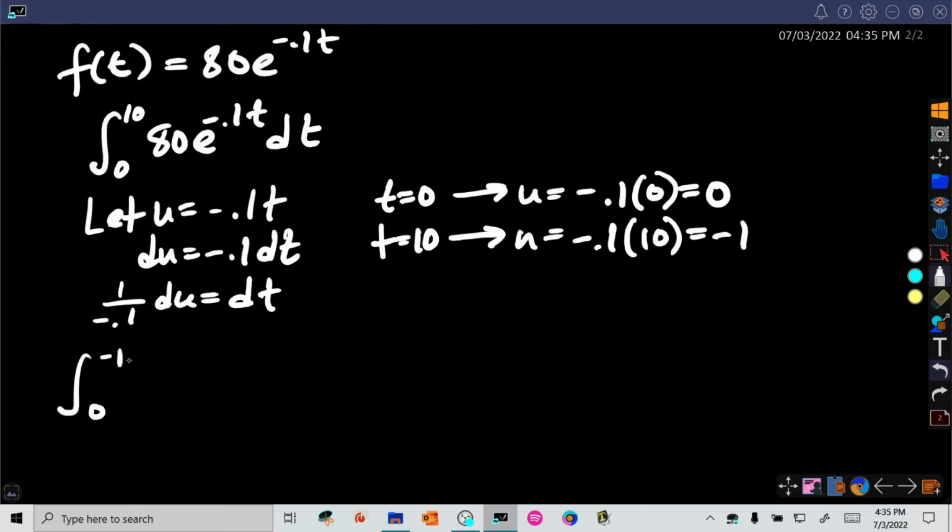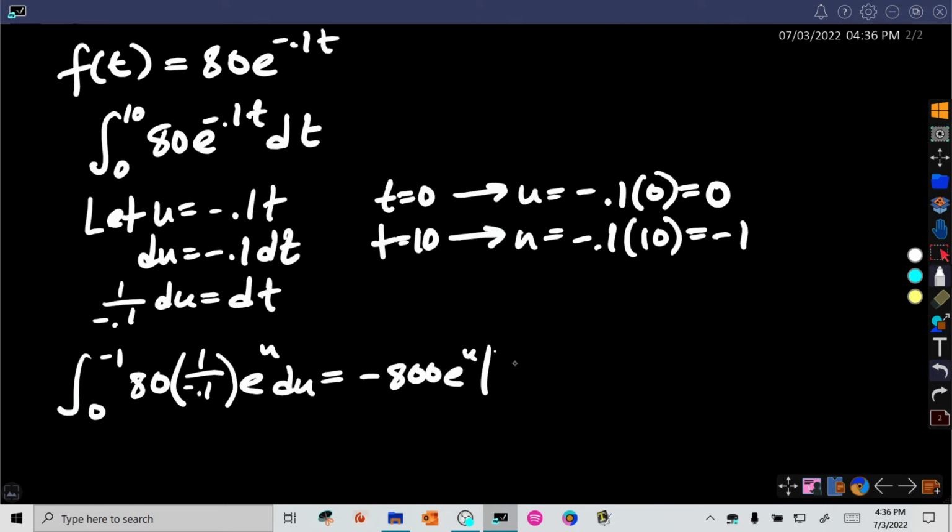I'll mention it here later in the end, but we're going to have 80 times this 1 over minus 0.1 e to the u du. So this is going to equal minus 800 e to the u between minus 1 and 0.